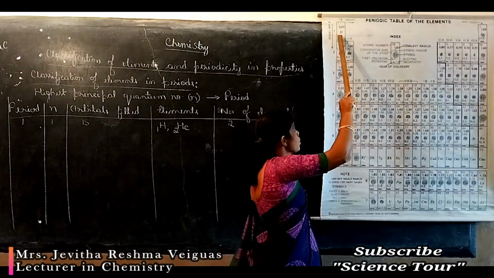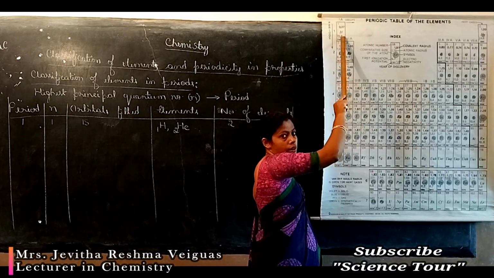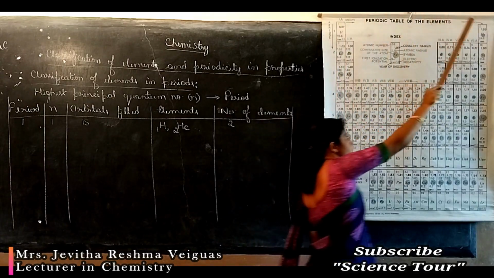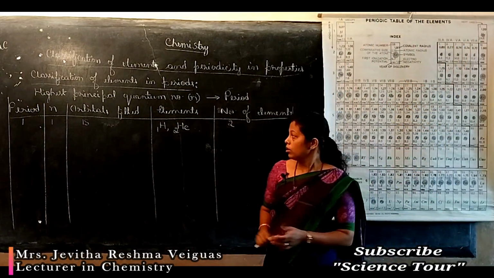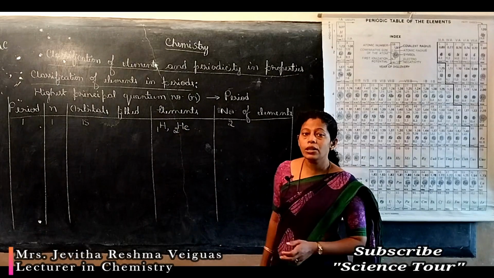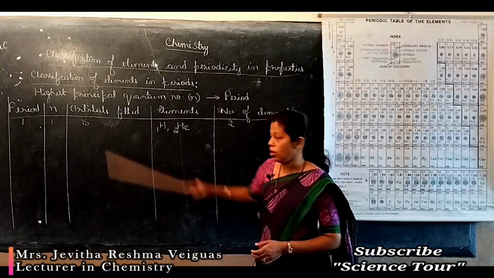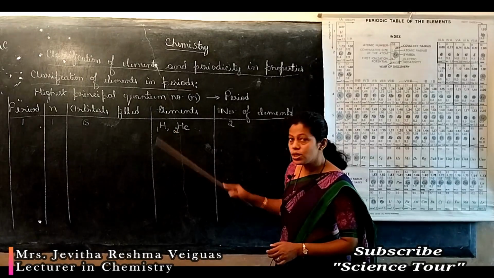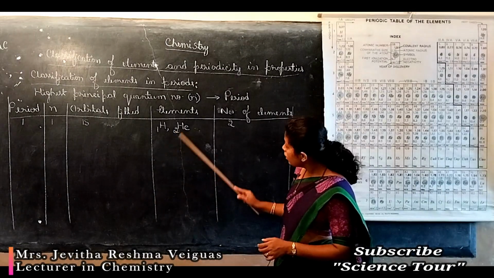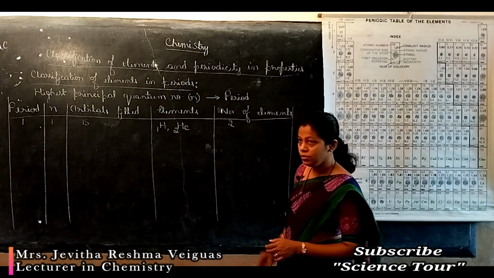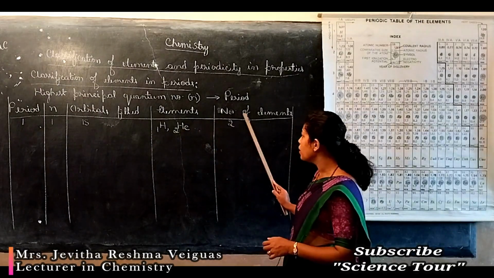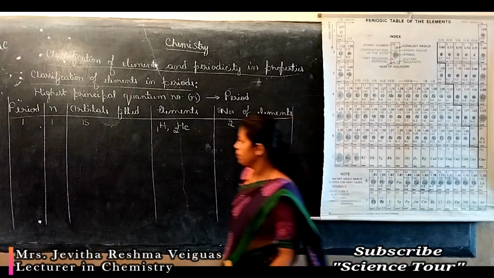So the first horizontal row is period 1, which contains 2 elements only, hydrogen and helium, for which the electrons are accommodated in the 1s orbital. Electronic configuration of hydrogen is 1s1. Electronic configuration of helium is 1s2.